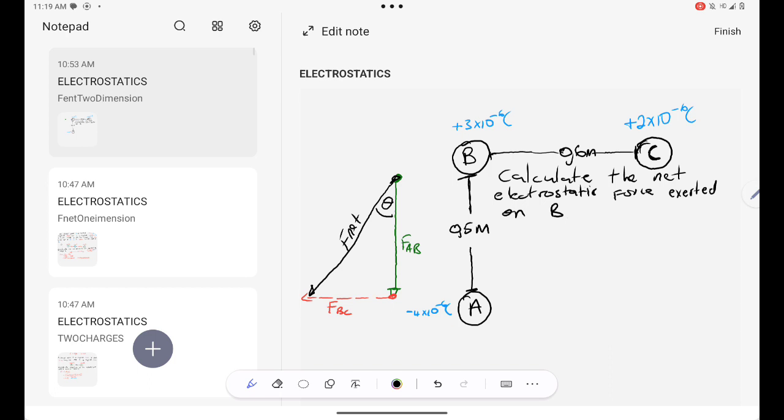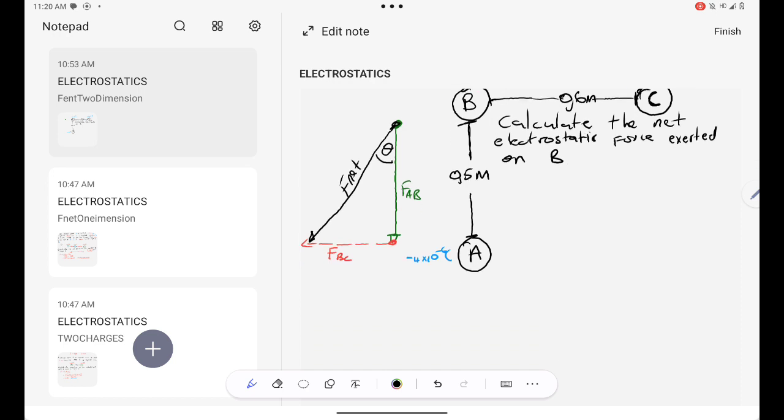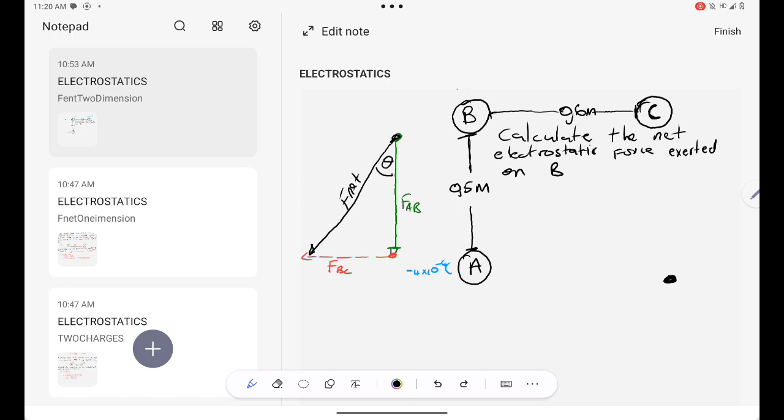But if you just want to draw your free body diagram without thinking of a parallelogram, it's very, very simple. Let me show you what to do. Firstly, we check the relationship between A and B. We are focusing on B, so B will be pulled downwards.